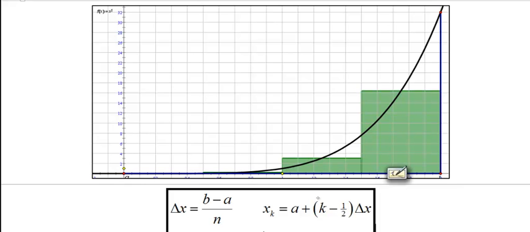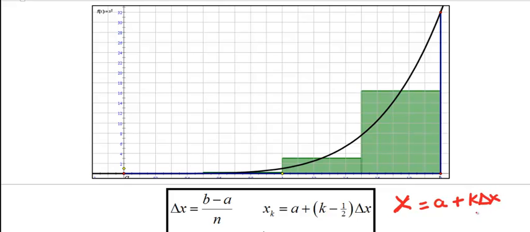Now this time, for the right Riemann sum, the way we put the x at the end of the right interval was to let x be a plus k times delta x.